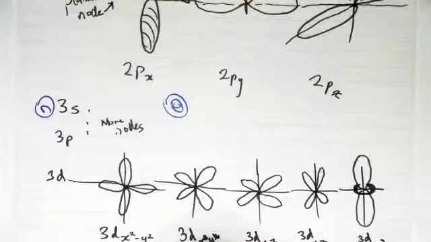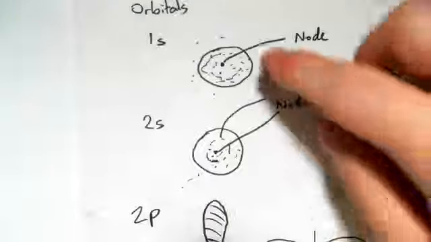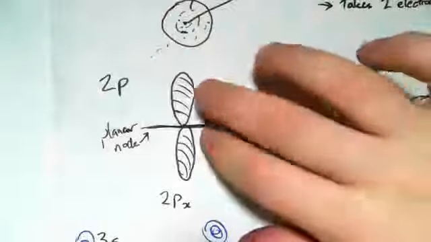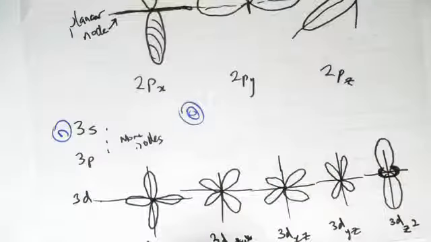So 4 of these look very similar to each other, and sort of a progression. You go from circular to 2 lobes to 4 lobes, kind of makes a bit of sense.